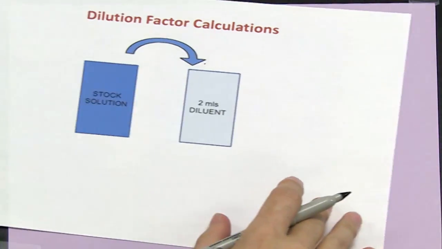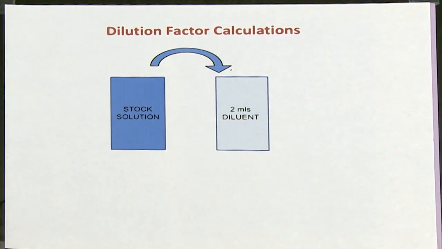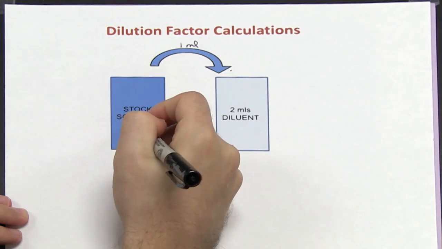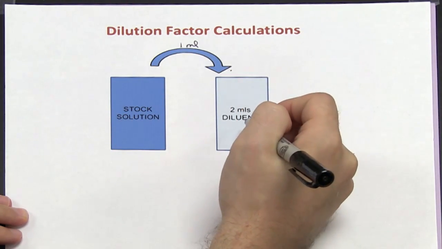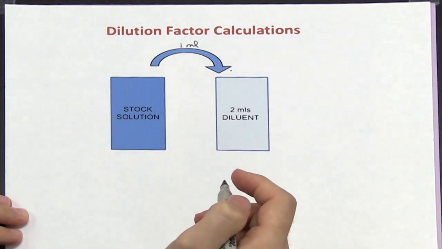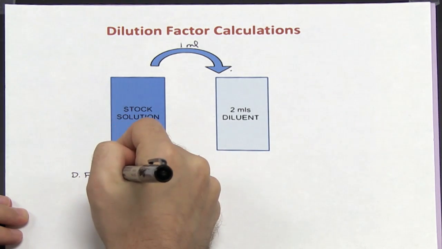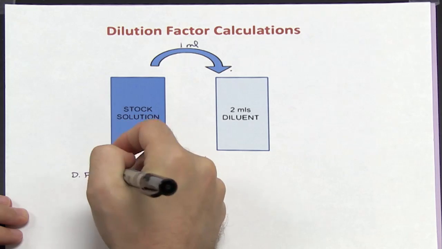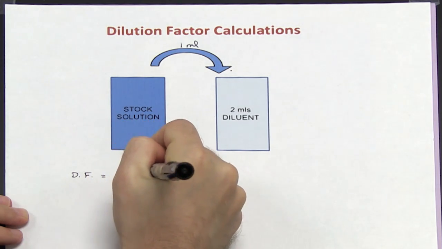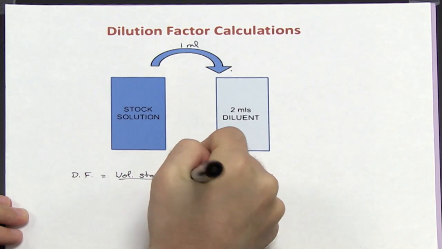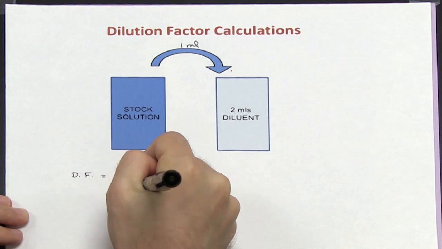Let's try one more. And this one we have a stock solution. And this time I want to add 1 ml of my stock solution into 2 mLs of diluent. To figure out the dilution, I again set up my formula. Dilution factor is equal to the volume of stock taken divided by the final volume.